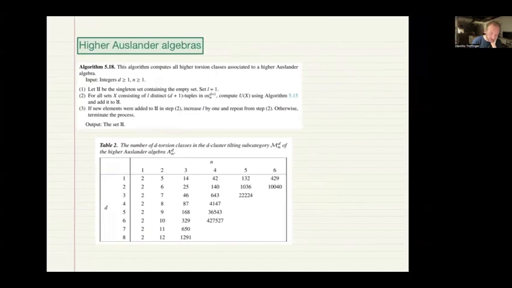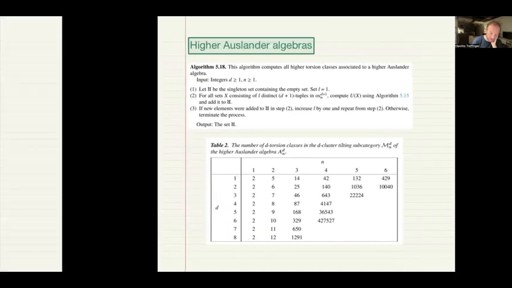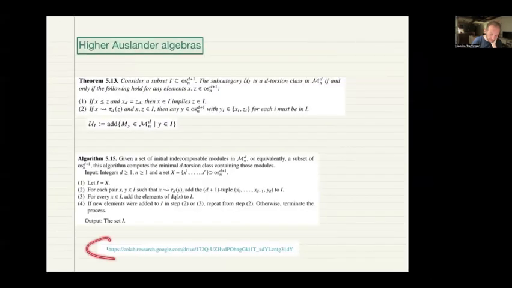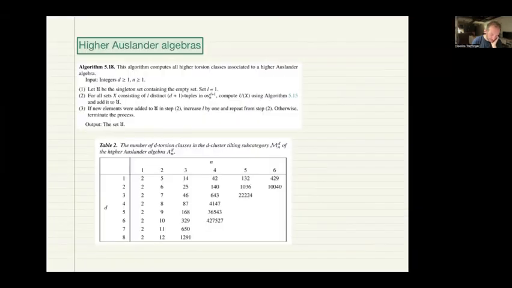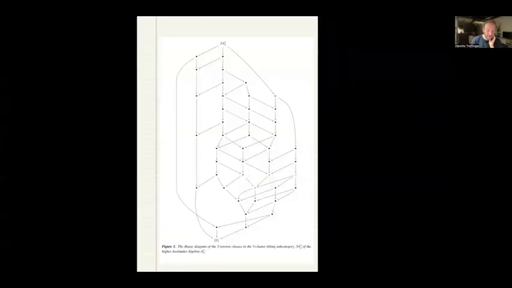It is worth noting that these two algorithms were implemented by Karin Jacobsen, and you can see it in this following link. Finally, we not only get all the torsion classes, but the algorithm implemented by Karin also gives you the poset of these torsion classes.